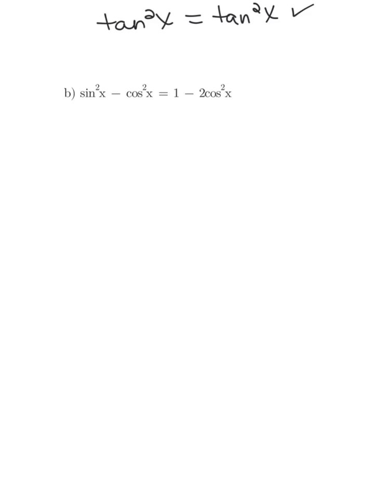So what I'm going to do then is work on the left side and try to get rid of the sine squared and make it into a cosine squared somehow. We know from the Pythagorean identities that sine squared equals 1 minus cosine squared. So I'm just replacing sine squared with what it's equal to.